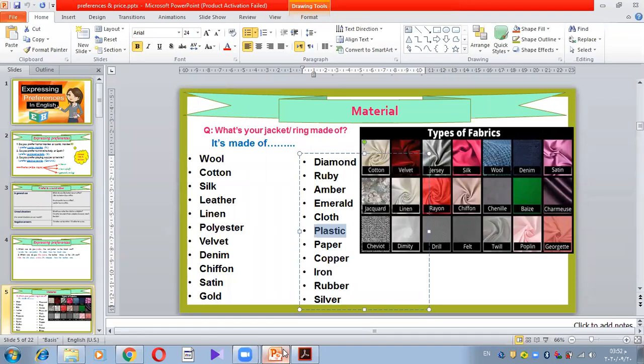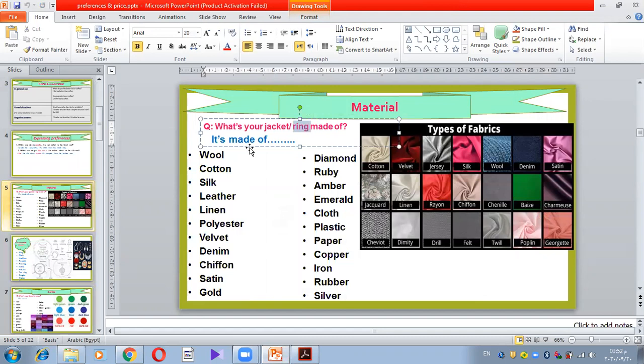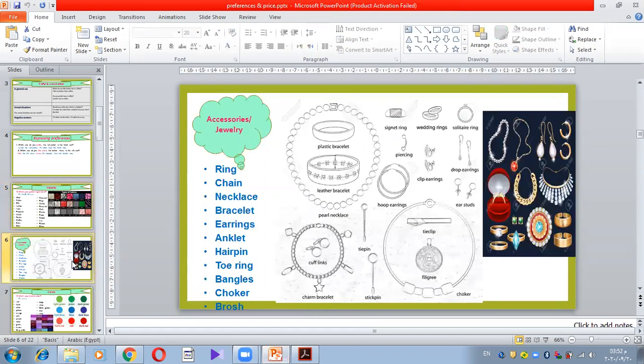So if I ask you now, what's your dress made of? You can say it's made of, and you can complete using the right word. What's your, let's just say, a ring made of? You can say it's made of, and you can complete it with the right word as well. Okay, we said here ring. So ring is what? Ring is one of the accessories, let's just say.